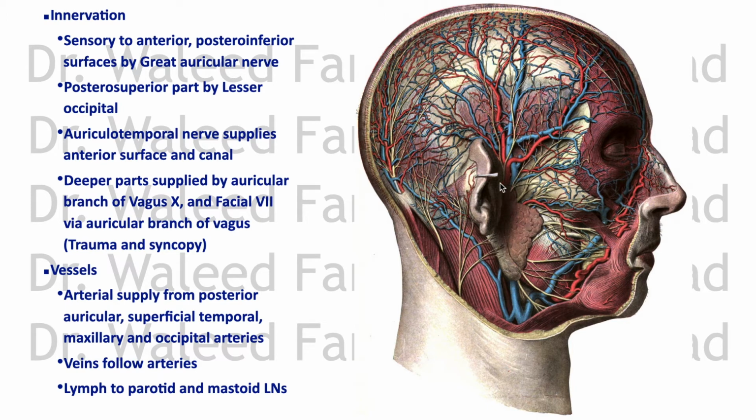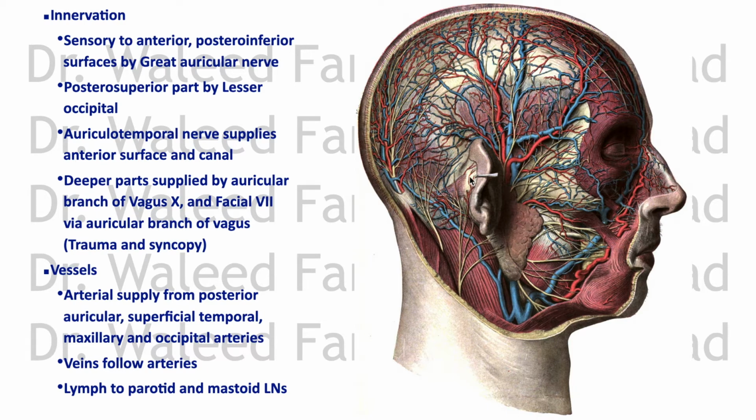Much of the anterior surface and the posterior-inferior surface, meaning the lobule from both sides, is supplied by the great auricular nerve. We talked about it, of course, in the posterior triangle and the cervical plexus. It carries C2 for the anterior surface and posterior-inferior surface of the auricle.